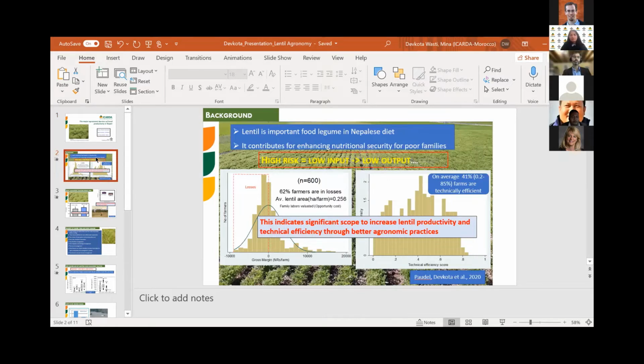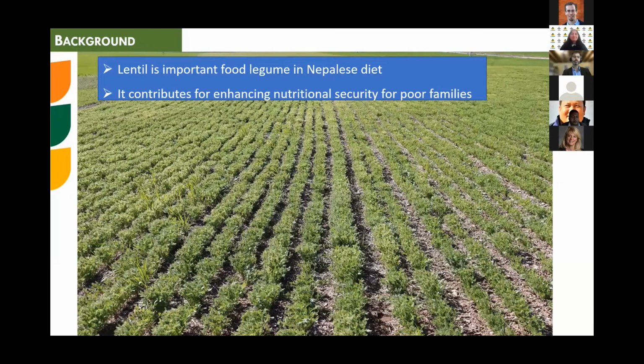It contributes to enhancing nutritional security for poor families. But again, there are high risks. That's why we are discussing today, and also farmers are putting in low input. As a result, it has a low output as well.